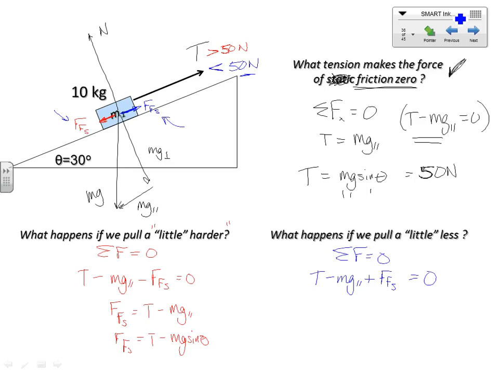So that says that the frictional force in this case is mg parallel minus T, or is mg sine theta minus T. Fair enough? All right, just a couple different looks. Friction, especially static friction, can bring some pretty unique phenomena, so worth taking a little look there.